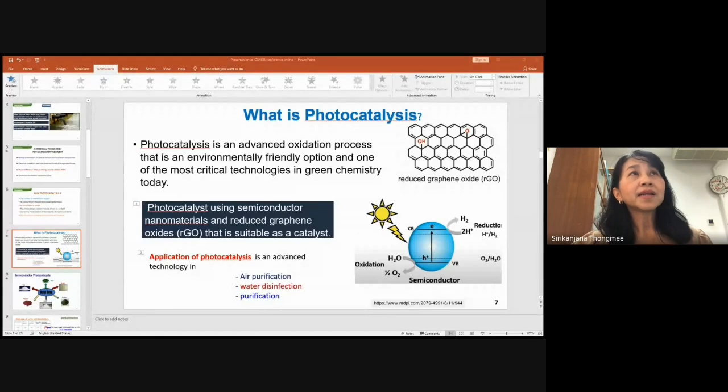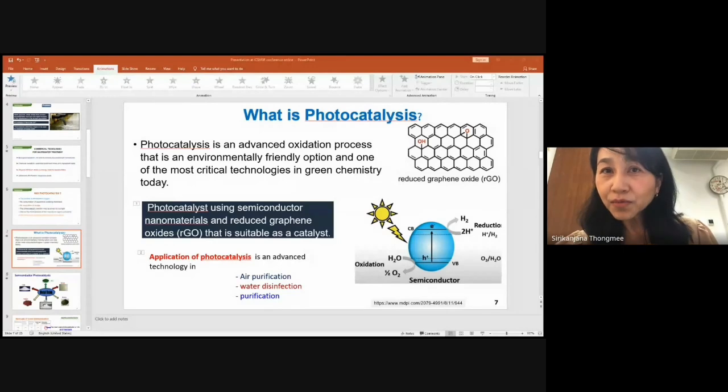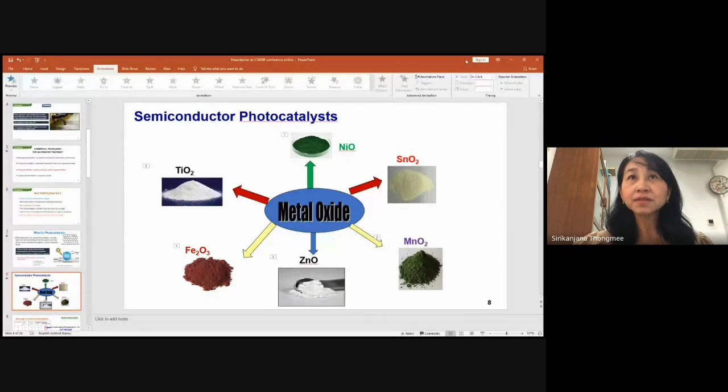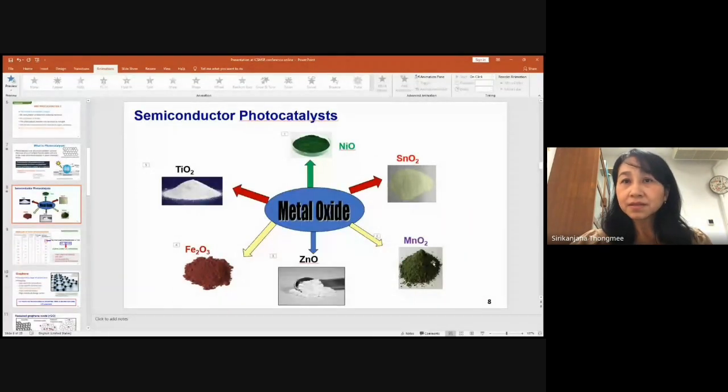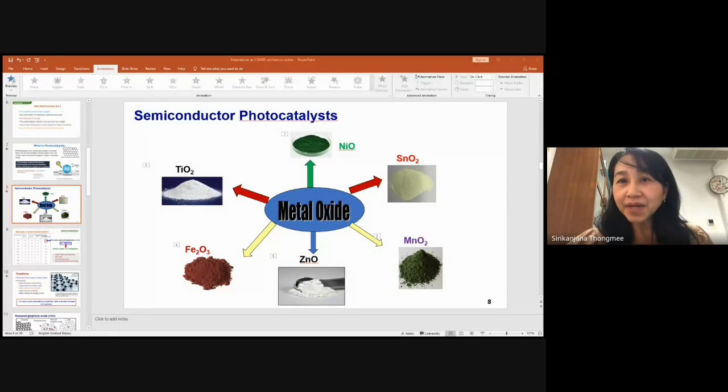There are many semiconductor photocatalysts, such as tin oxide, nickel oxide, manganese oxide, zinc oxide, iron oxide, and also titanium dioxide.